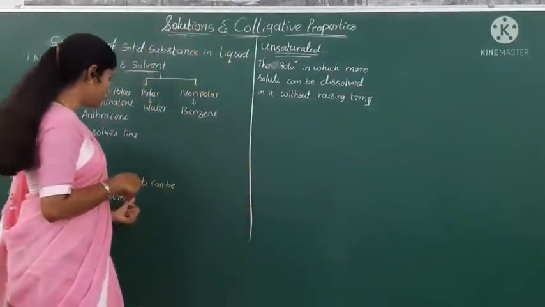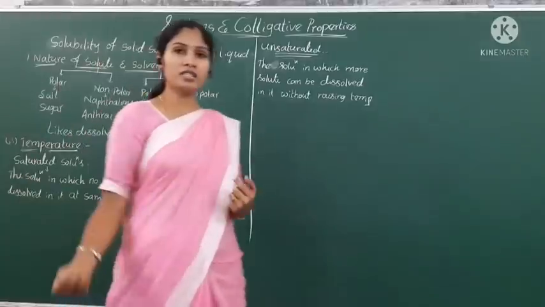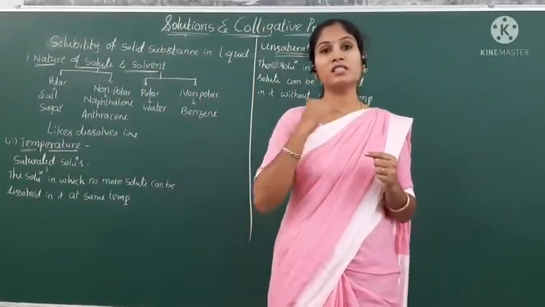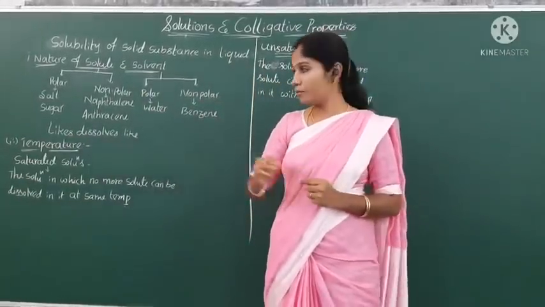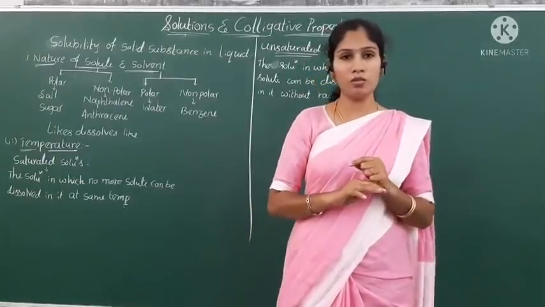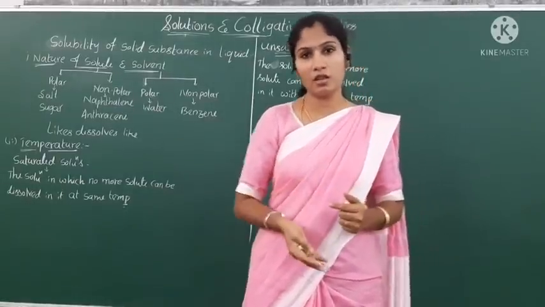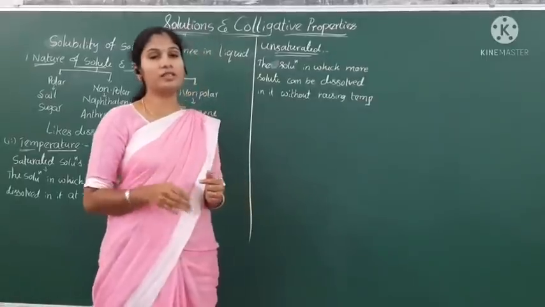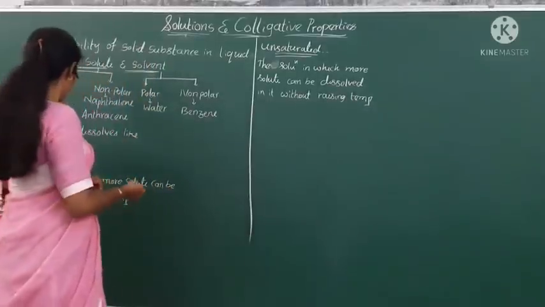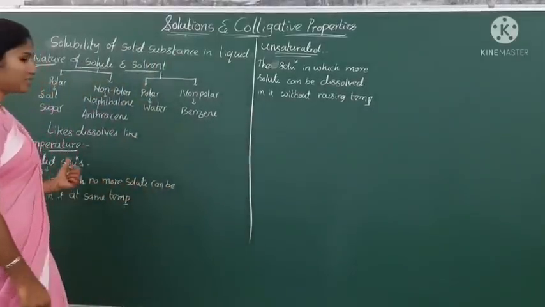That type of solution is called a saturated solution. In these solutions the solute particles remain as they are, not dissolving in water. That means the dissolving process is not taking place further. So that is an example of a saturated solution.